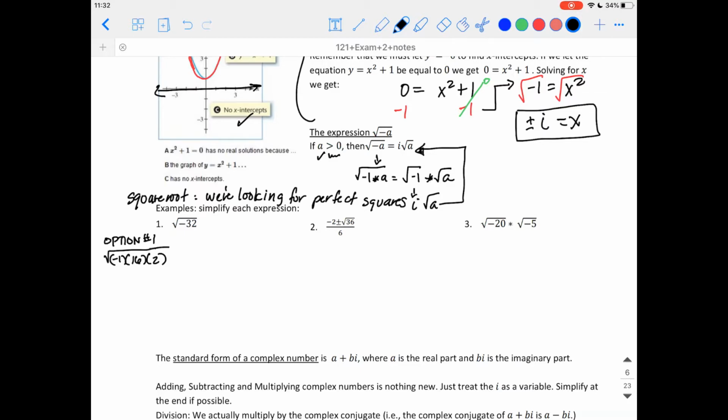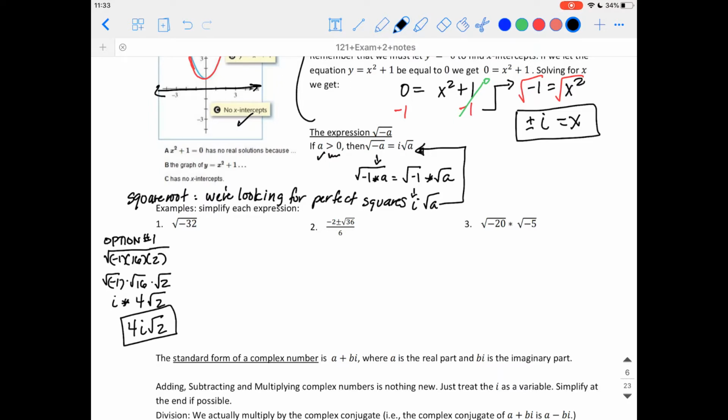So here I'm going to have square root of -1 times the square root of 16 times the square root of 2. The square root of -1 is i. The square root of 16 is 4. And square root of 2 is ugly, so we'll keep it as square root of 2. And really the correct notation is 4, then i, and then square root of 2.